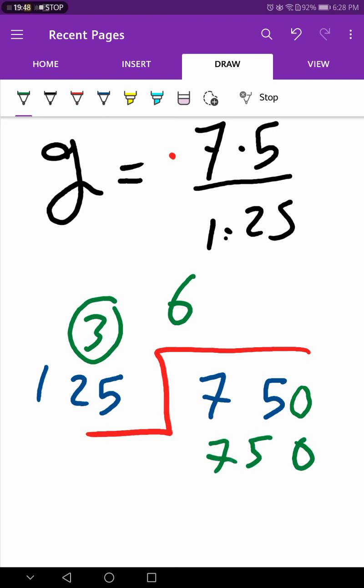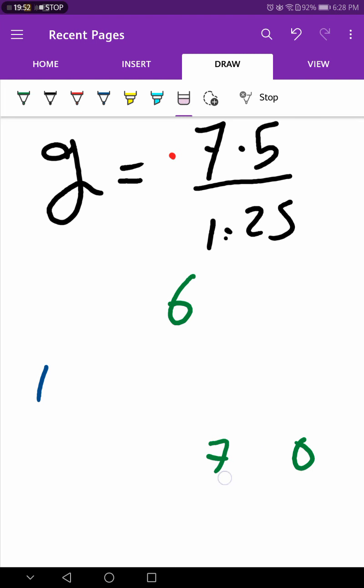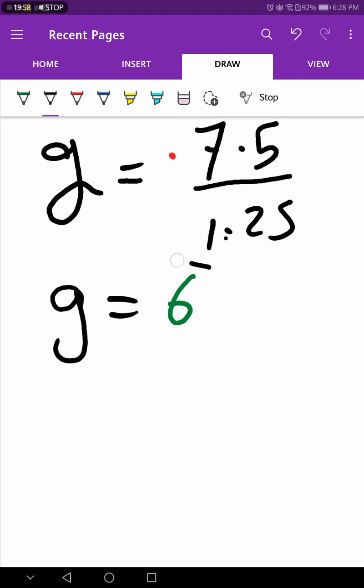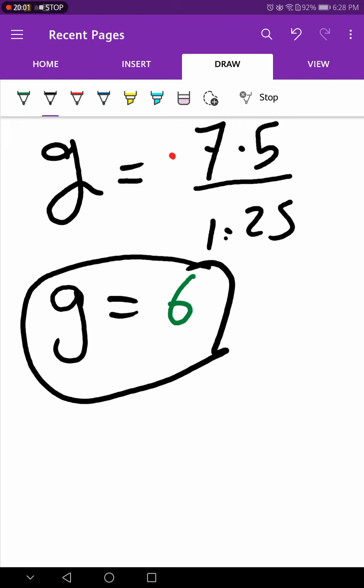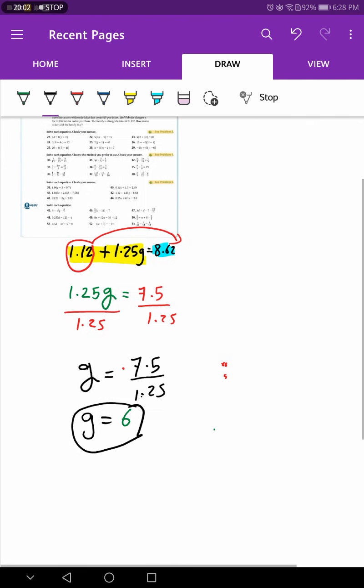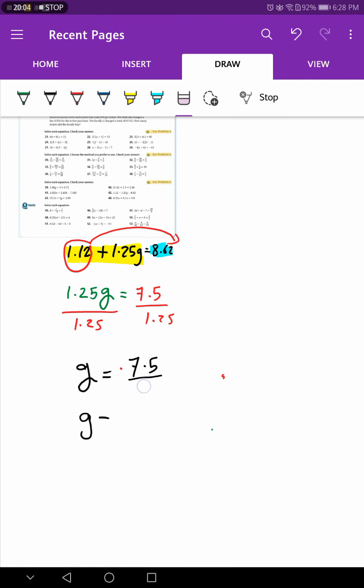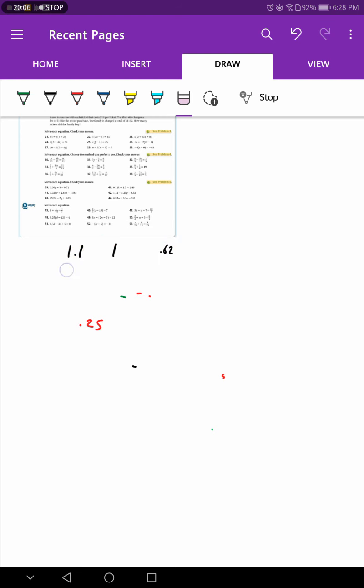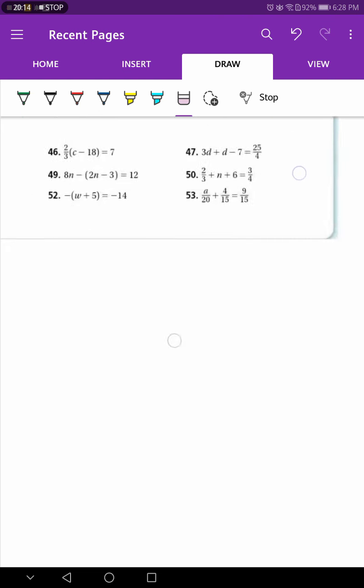So the answer of g here is equal to 6. So g equals 6. It's the correct answer. So this is about the decimal. Tomorrow be careful about the decimal point. Okay, all the time, not only tomorrow.